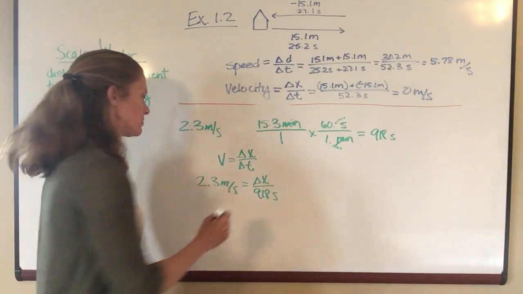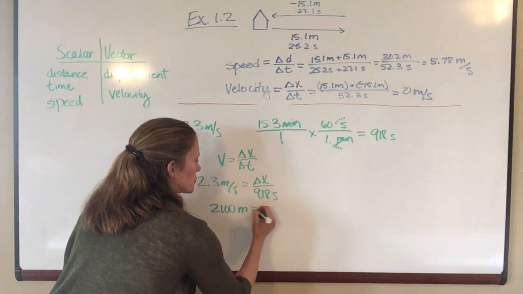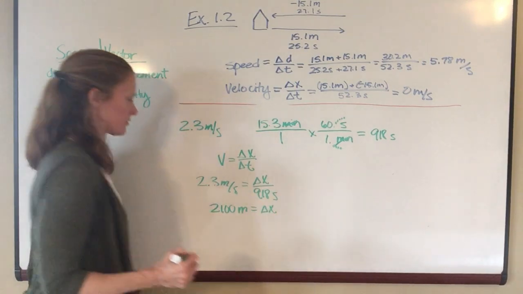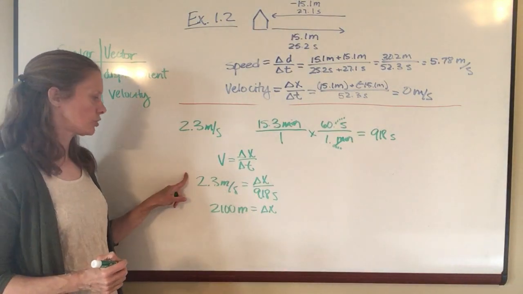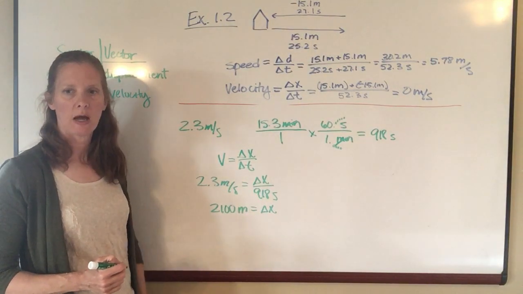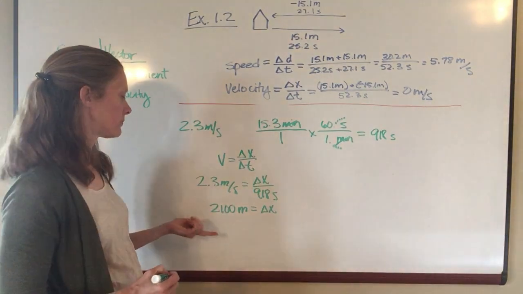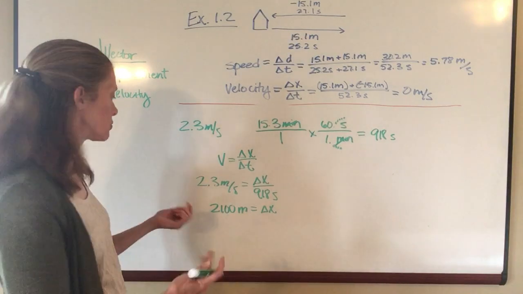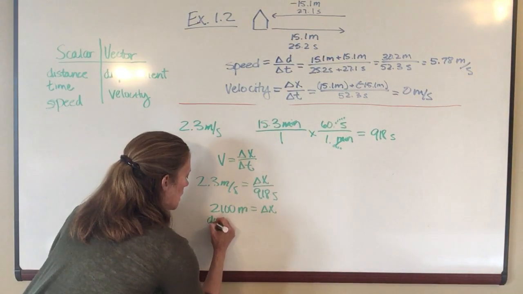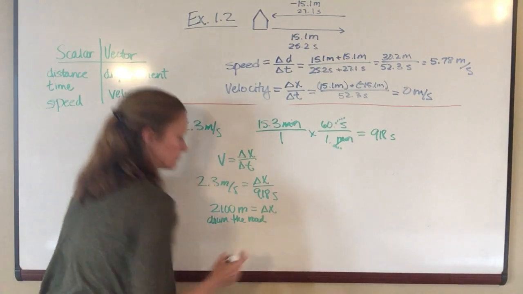And my displacement is going to be 2,100 meters for delta x. 3 significant figures here, 2 here, so I need to have 2 in my answer. And since it is displacement, I also need to give a direction. Really, the only direction they gave me in the problem is that she's going down the road, so it would be 2,100 meters down the road.